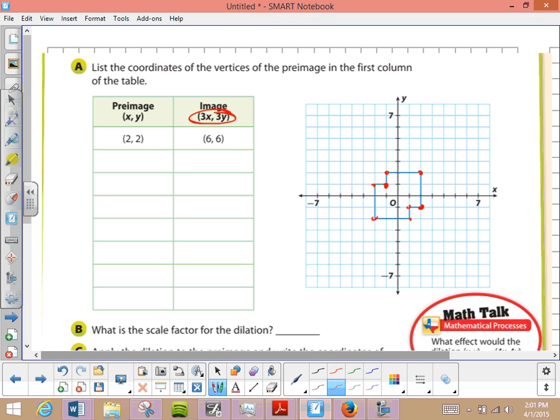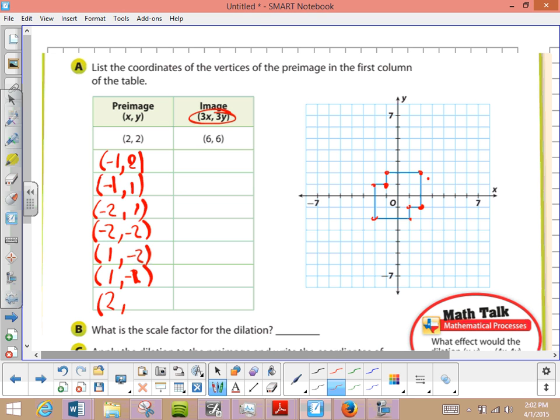So we have 2 and 2, which is this one right here. And then the next one I would say is -1 and 2, -1 and 1, -2 and 1, -2 and -2, and the last one is 2 and -1, right?